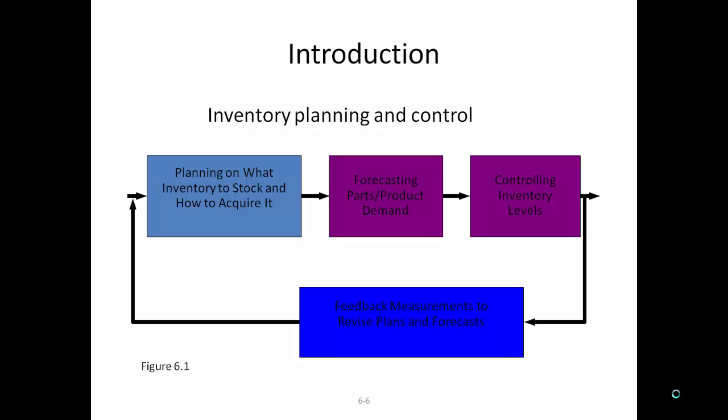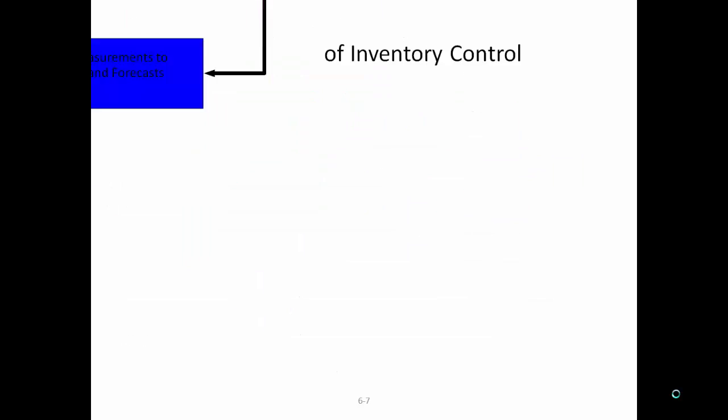So therefore you have forecasting and you have control, and then once you understand the forecasting and the control, you ask, am I doing this optimally? Am I doing it right? And therefore you're going to have different measures of feedback to revise and replan for the inventory that you have to hold.